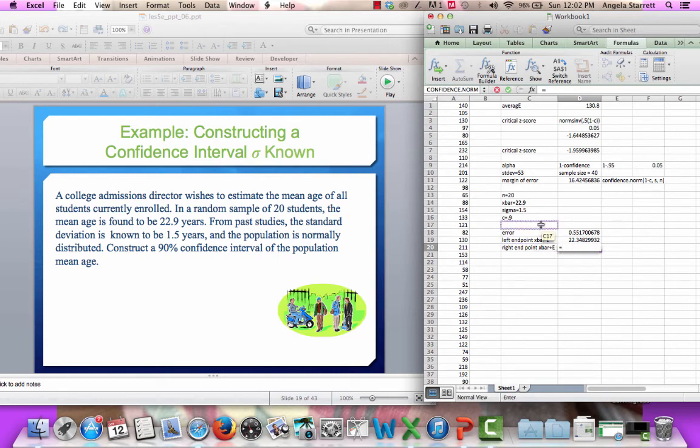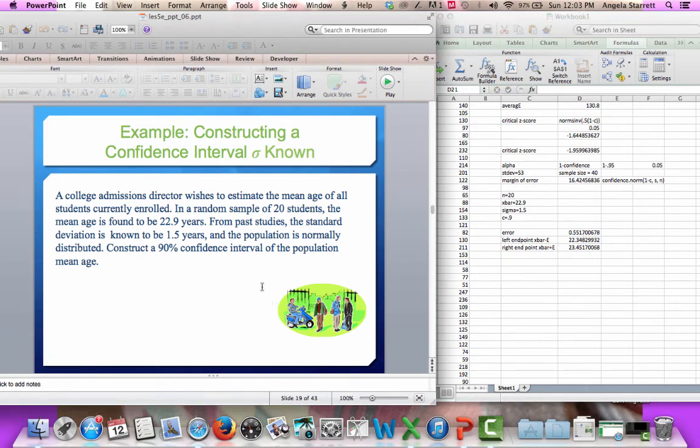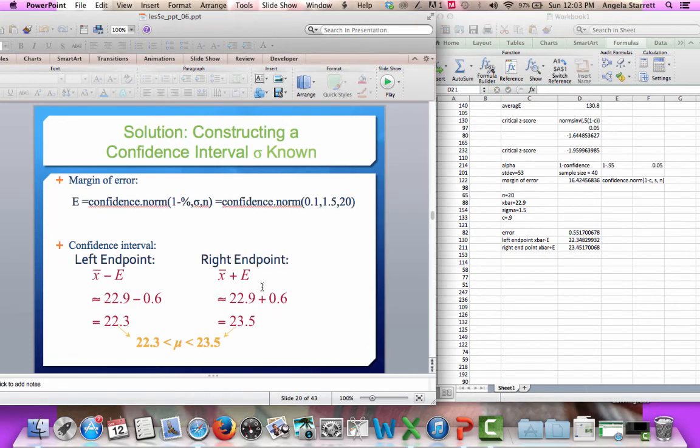So this equals 22.9 plus the error, okay? And so you can see that we are getting a confidence interval of 22.3 to 23.5.